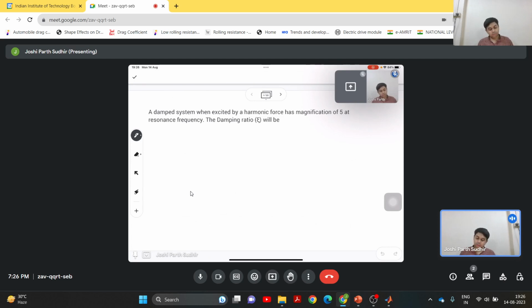Let us say magnification factor M. It is given by 1 upon square root of (1 minus r square) the whole square plus (2 zeta r) whole square.